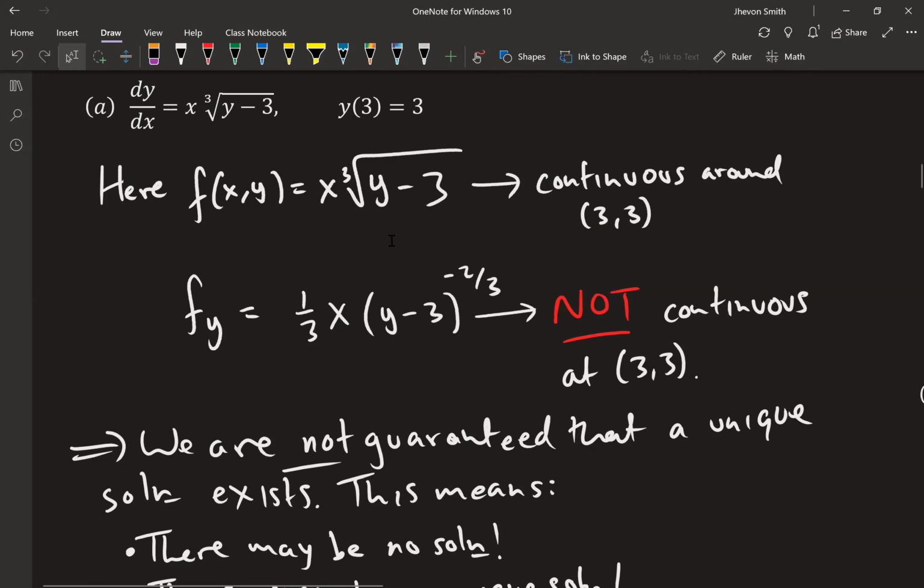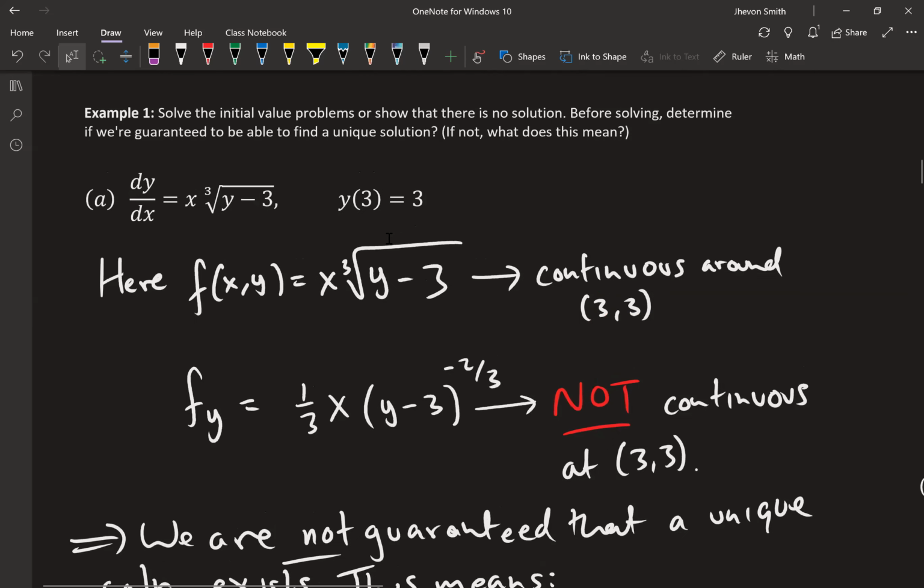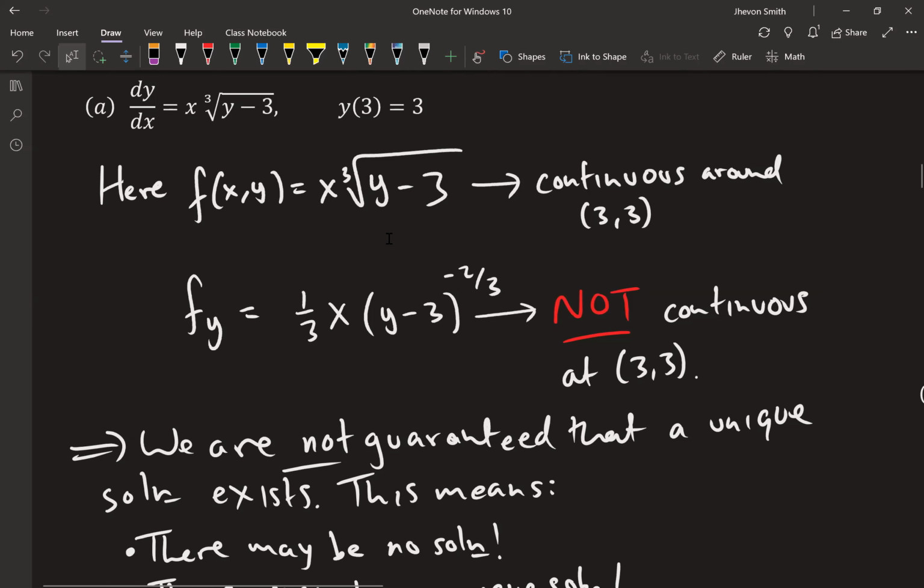And in fact, we can actually solve this ODE. How would we go about solving that ODE? For this particular function, the existence and uniqueness theorem does not apply, which means we're not guaranteed to find a unique solution.